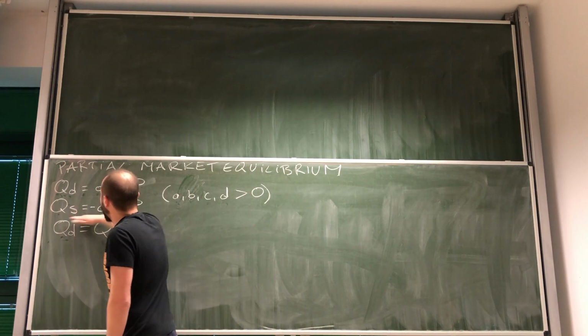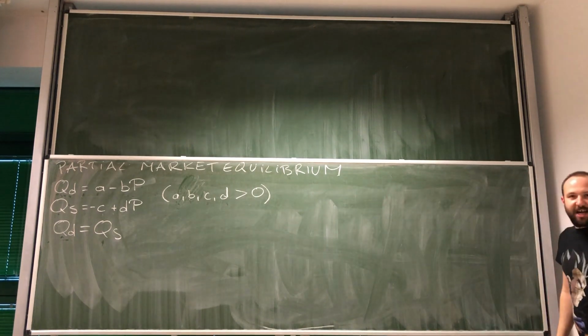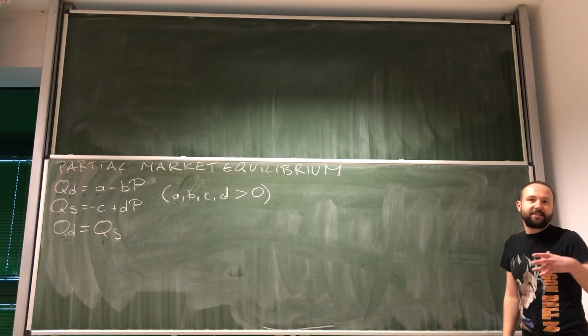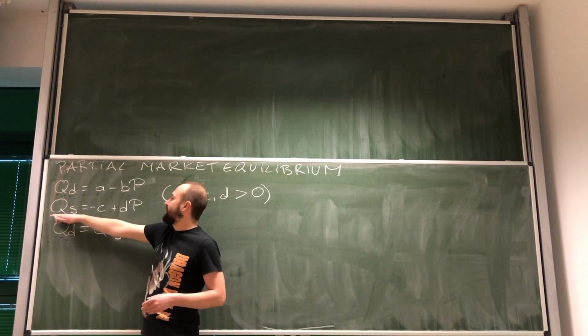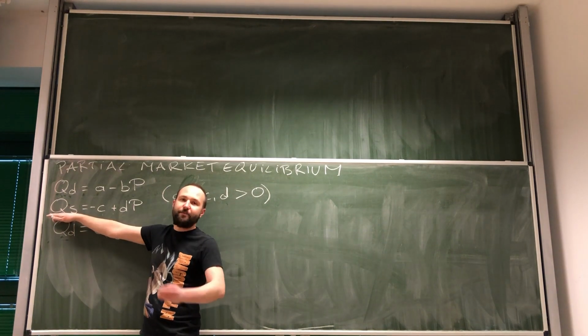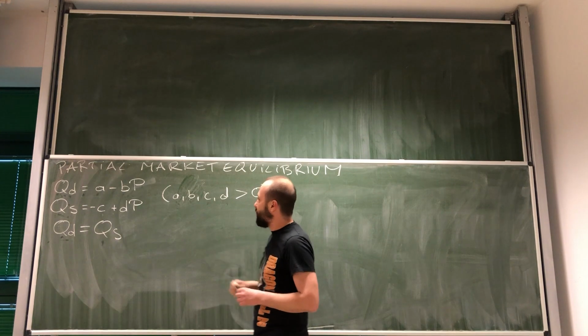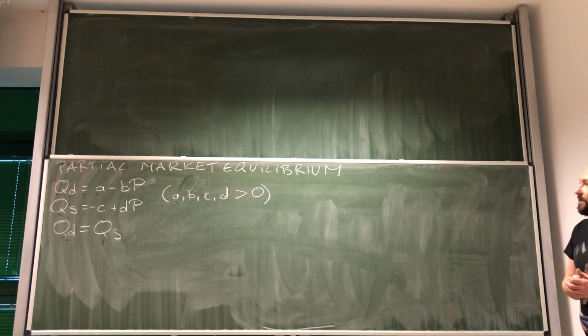Now, over here, we've got the same type of equation, also a behavioral equation, but this is a supply equation, right? We see how quantity supplied by the companies depends on the price of the good that is being considered.